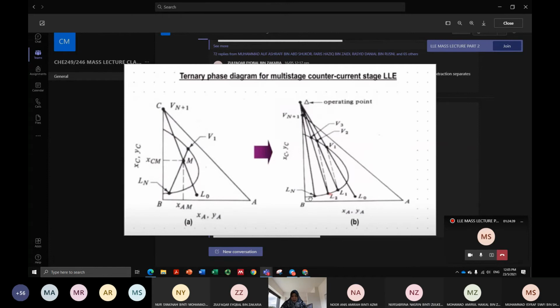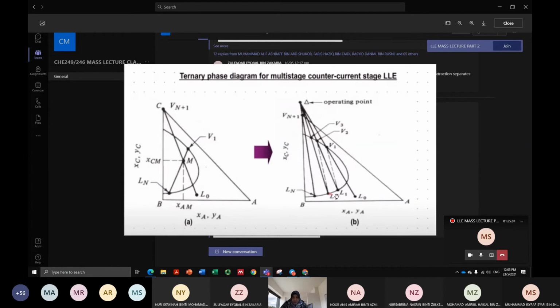Sama je konsep dia, macam you buat distillation. Let's say you get L1 here, L2 here, but L3 here. Meaning that ini stage 1, this one is stage number 2, but stage number 3 tak sempat sampai because dia dah melebihi Ln.